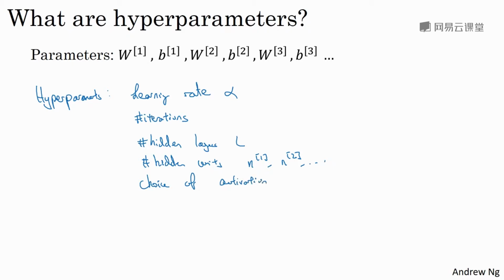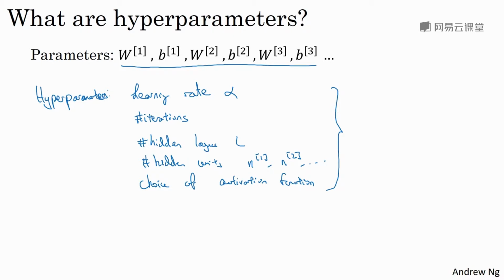Do you want to use a ReLU or a tanh or a sigmoid or something, especially in the hidden layers? And so all of these things are things that you need to tell your learning algorithm. And so these are parameters that control the ultimate parameters W and B. And so we call all of these things below hyperparameters.